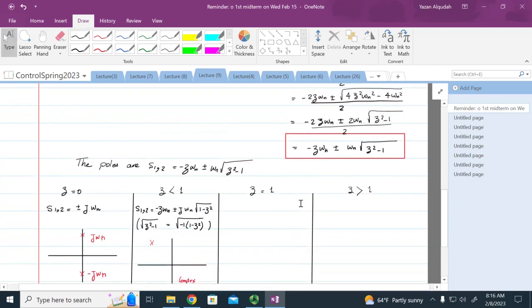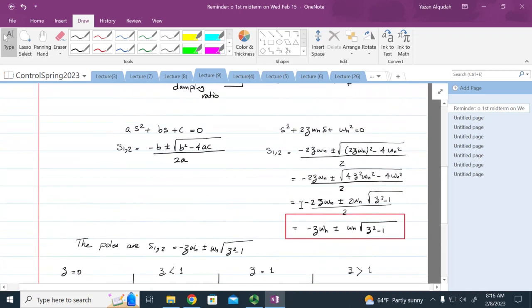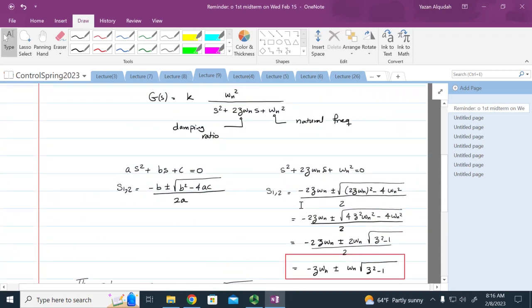I mean, all what you said is correct. But the reason why is because all the terms here are real. If these terms are real, the only way these will be real is if the imaginary part cancels out. Does that make sense? If I have a root that is complex and I don't have the conjugate of it, what is it going to be? S minus a constant minus j a constant.